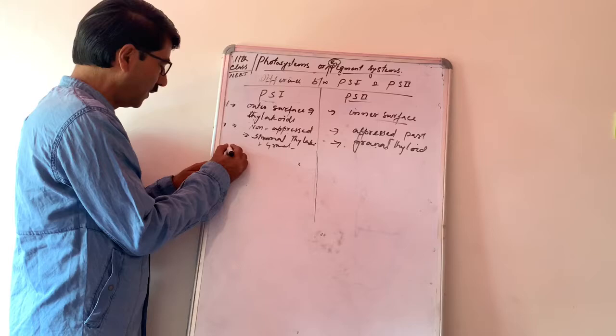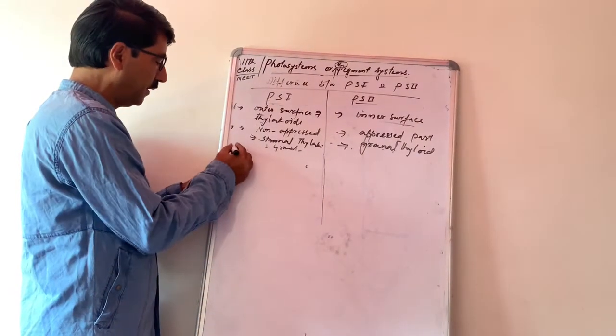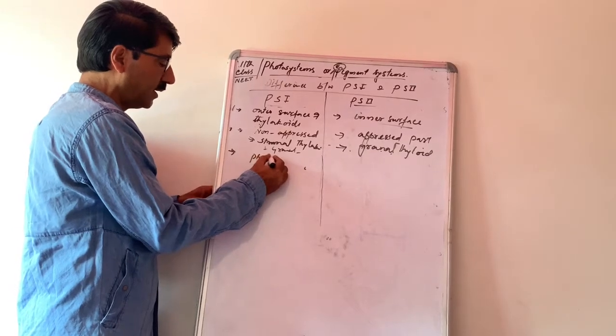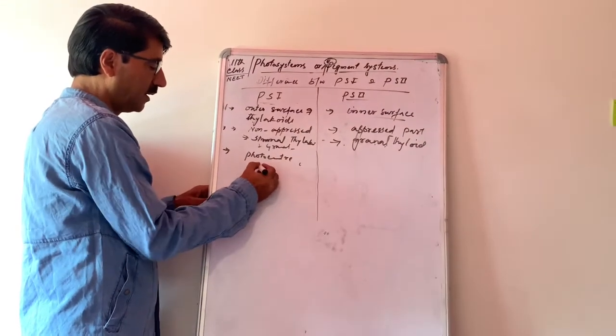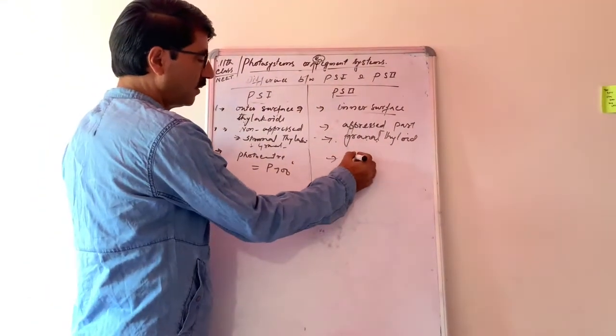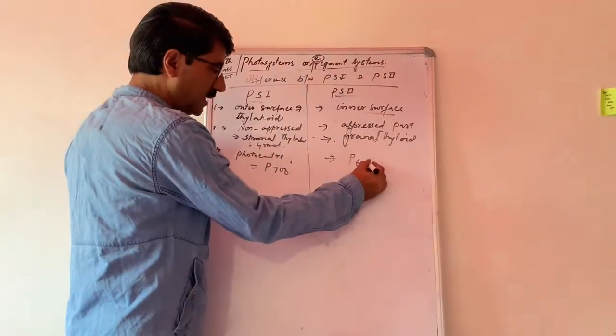यहाँ पर इनमें एक इम्पॉर्टेंट डिफरेंस जो अभी आपने देखी, that the photocenter और reaction center इसमें है, that is P700. तो यहाँ पर आप जानते हो what is that? That is P680.